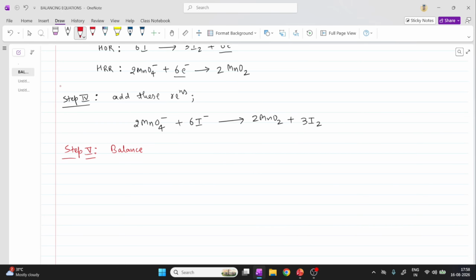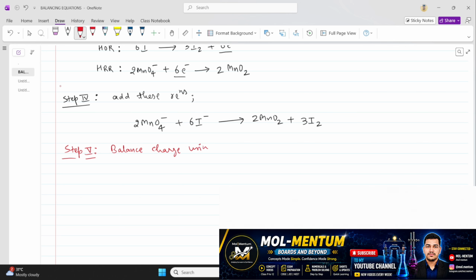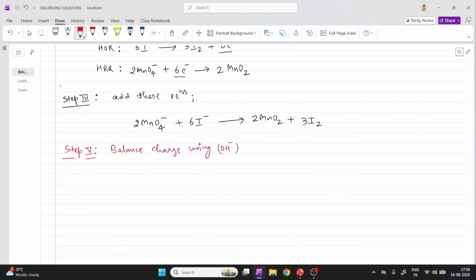In the next example we will balance it directly. So balance charge using, since this reaction was given in basic medium, OH minus. So in the fifth step this OH minus comes into the picture. So OH minus ions. Now we have to balance the charge.